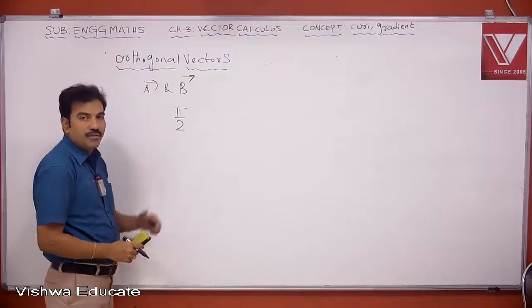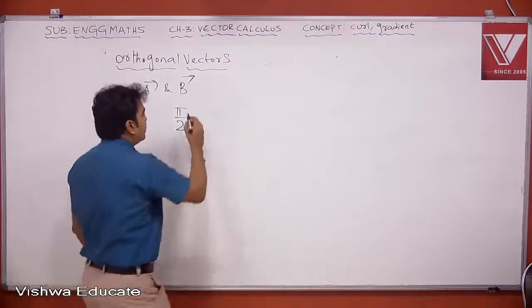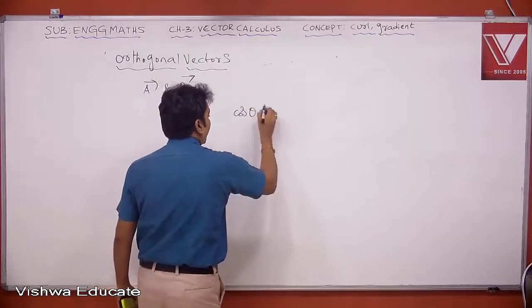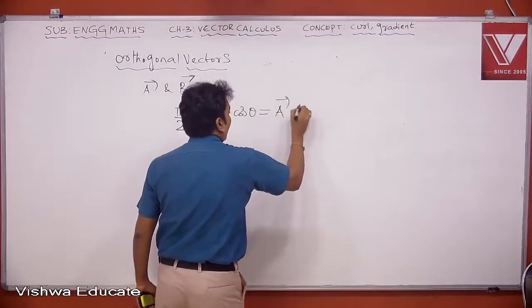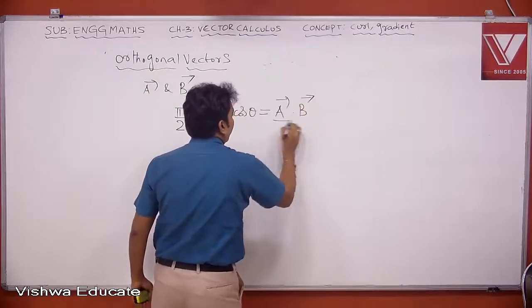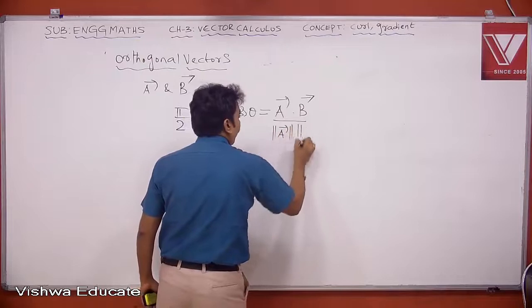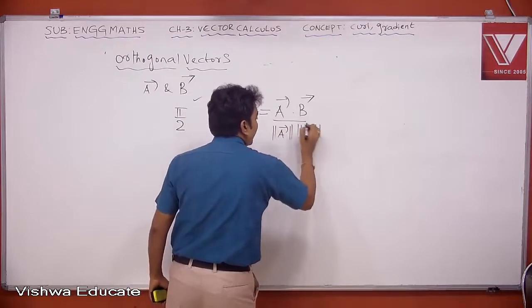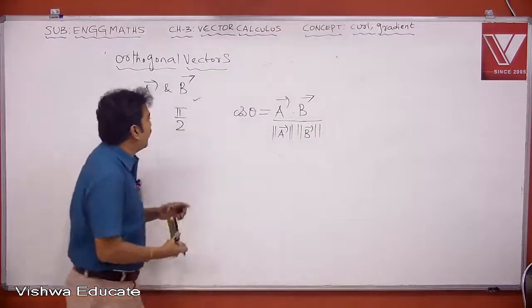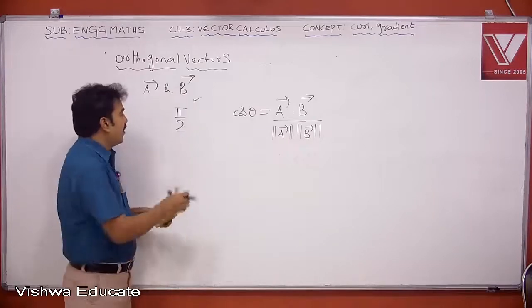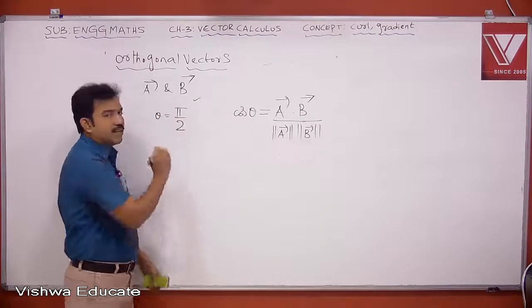The example is previous. Now, when you apply formula number 1 to measure the angle between these two, we have cos theta equals A bar dot B bar divided by norm A bar times norm B bar. Here I am saying that if the angle between two vectors is pi by 2, then they will be called orthogonal vectors. That means theta is 90 degrees.